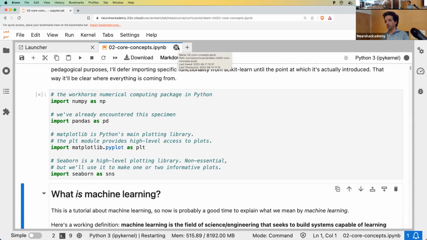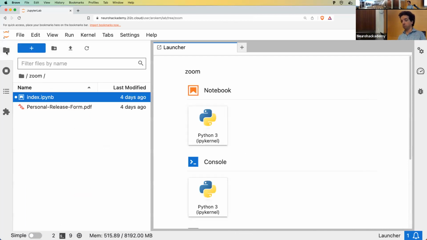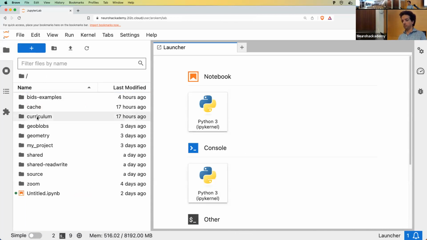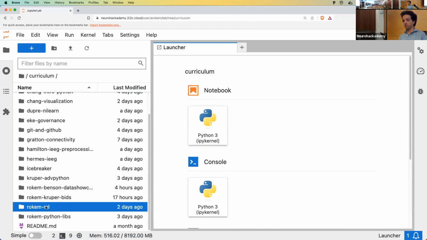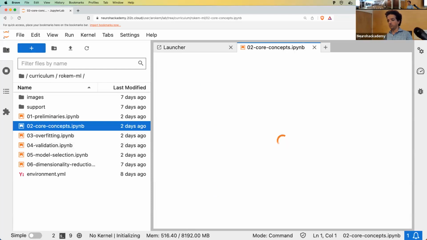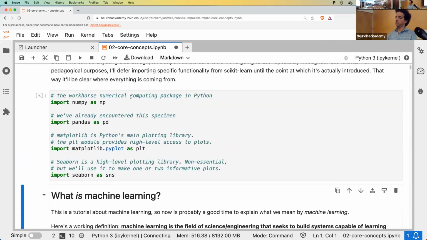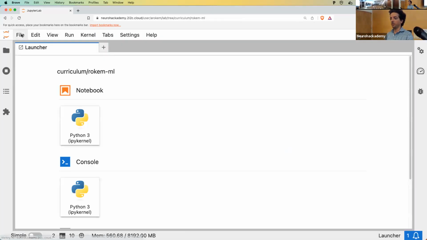I'm going to turn it off and then turn it back on again. Connecting, whatever that means. Okay, I'll really turn it off and then turn it back on again now. Sorry about that.